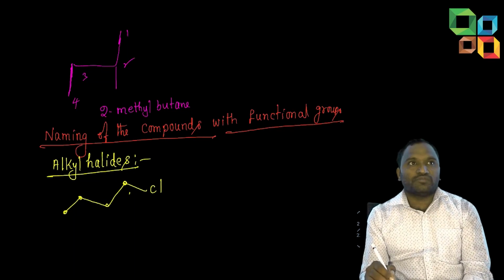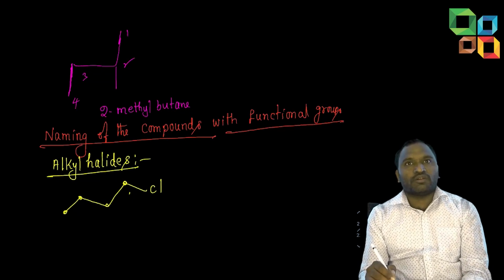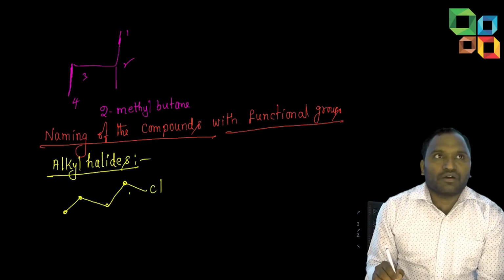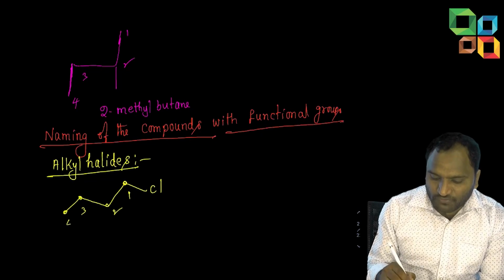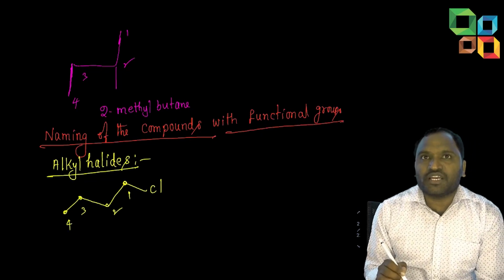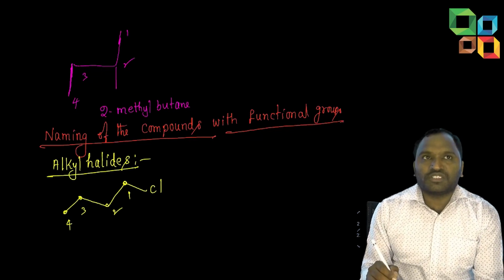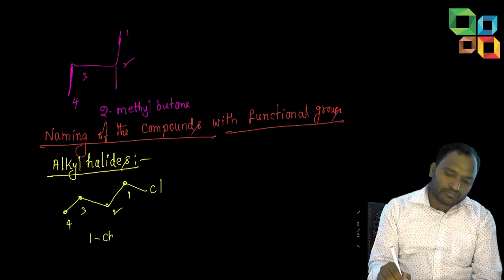If you want to give the numbers, students, 1, 2, 3, 4, we shouldn't number from left to right because the substituent will get the fourth number. If you number from the side where the substituent is, it gets 1: 1-chlorobutane.